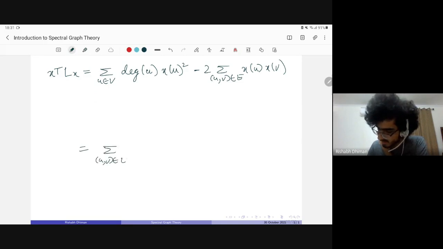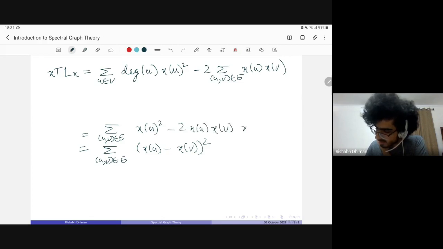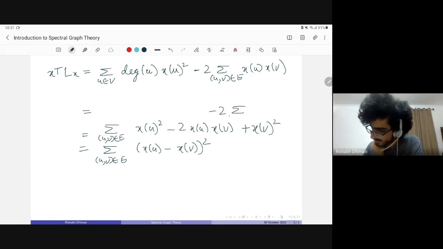The sum over uv of (xu minus xv) square is nothing but the sum over uv of xu square minus 2 xu xv plus xv square. And now it's fairly obvious where you're getting this sum from.